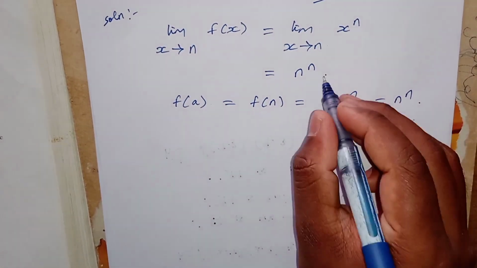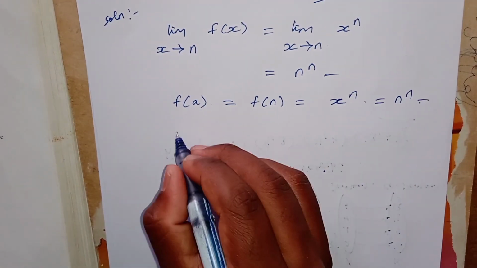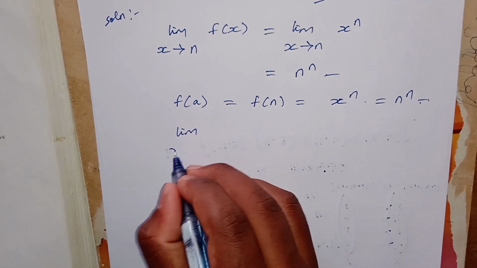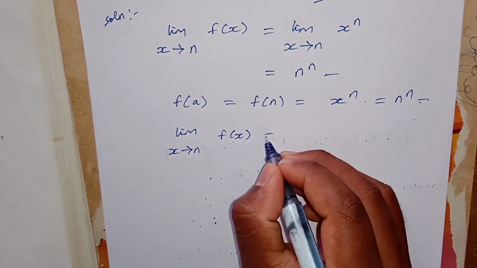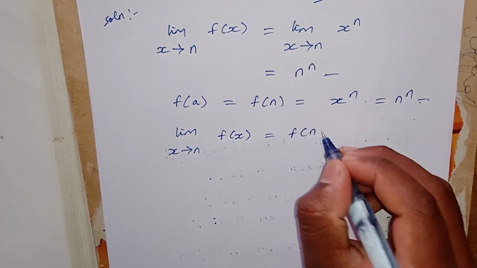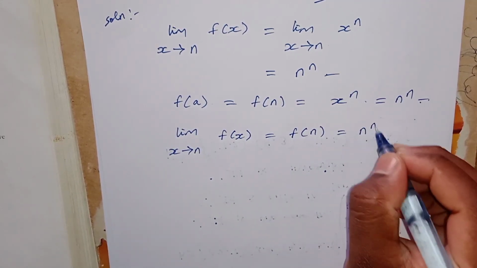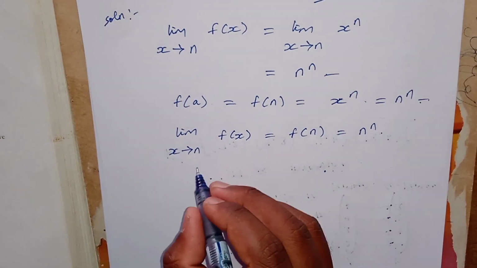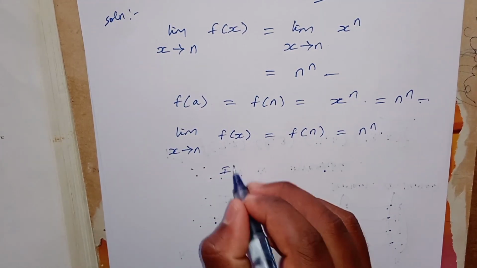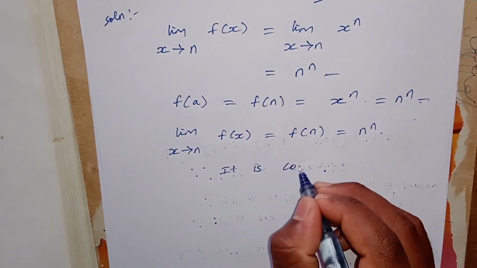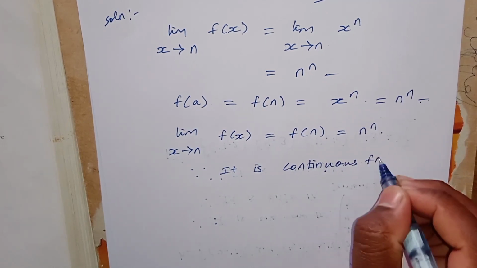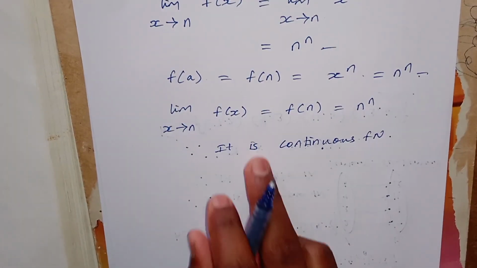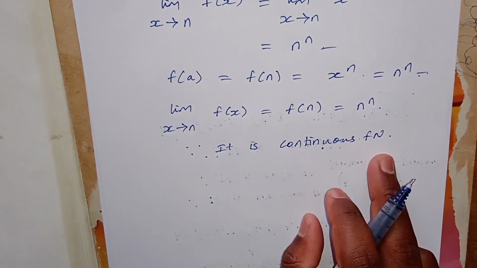Okay, therefore these two are equal. Limit general form, limit x tends to n, f of x is equal to f of n equal to n power n, therefore here it is continuous functions. Okay, therefore here it is continuous function.